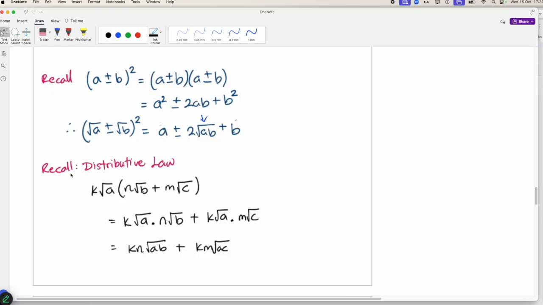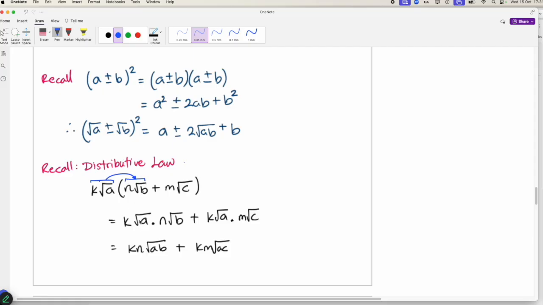Then we have the distributive law. With the distributive law, notice I have some surds here. k times the root of a, multiplied by n times the root of b plus m times the root of c. Of course, I could take this number outside and multiply it by the ones inside.